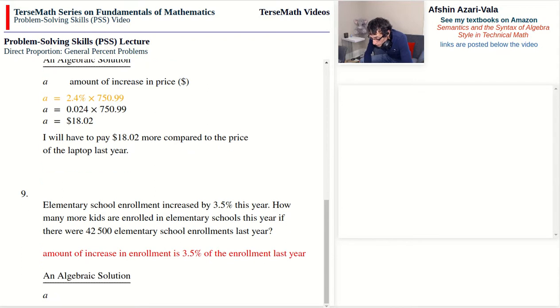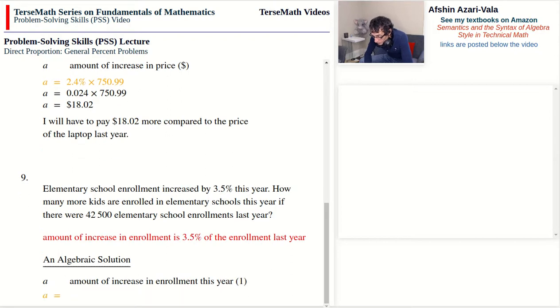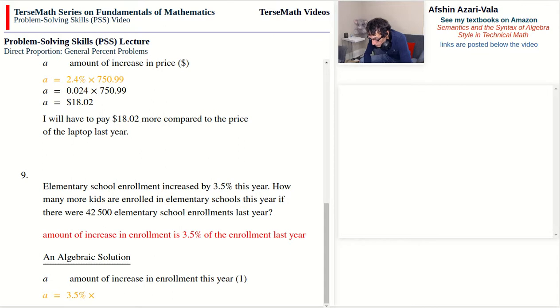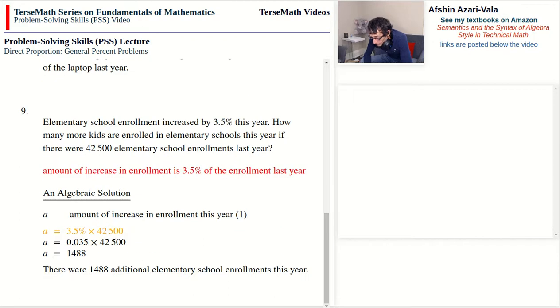For an algebraic solution, A represents the amount of increase in enrollment this year, so A becomes equal to 3.5% of enrollment last year, and that comes to 1,488. So there were 1,488 additional elementary school enrollments this year.